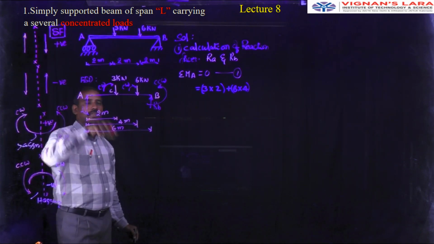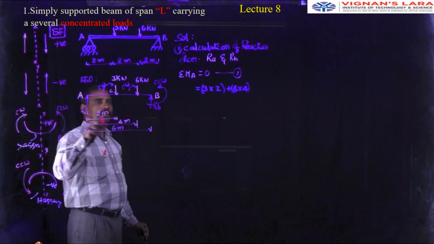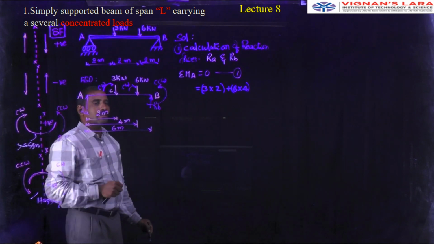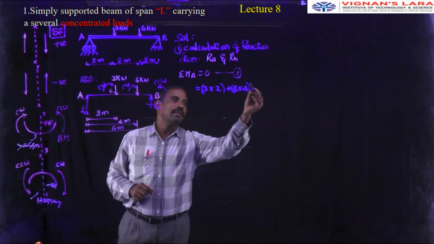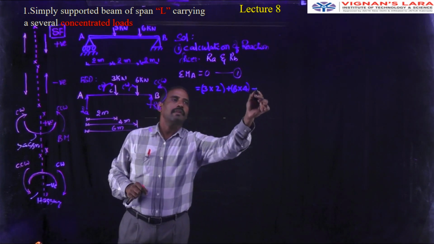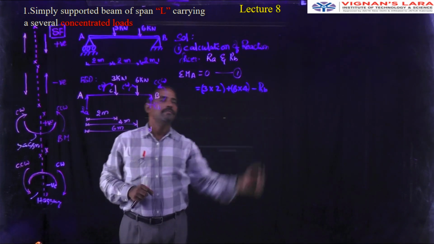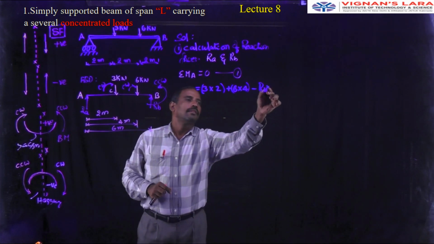Here the moment center is A. So with respect to A, the moment of RB is in the counterclockwise direction, so it is to be taken as negative. What about its magnitude? RB into 6.